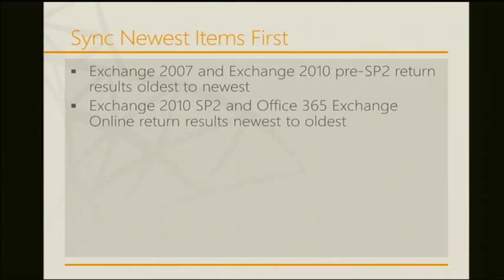But primarily, you're going to see this fix itself, in that Exchange 2010 SP2 returns you the results from sync folder items newest to oldest. In a client scenario, that's important when you have a folder with a lot of items. You're doing like a paged view of 25 items at a time, and then the client can populate the most relevant information at the top. A client like Outlook 2011 or something like that. That was a big request for them.